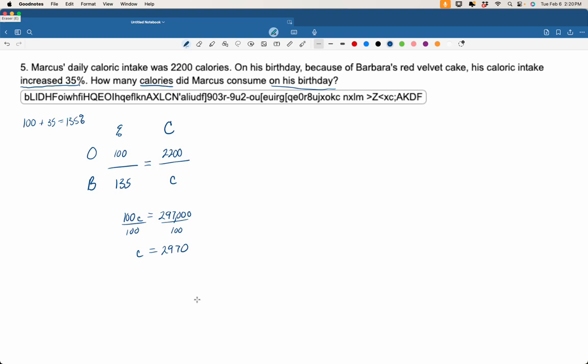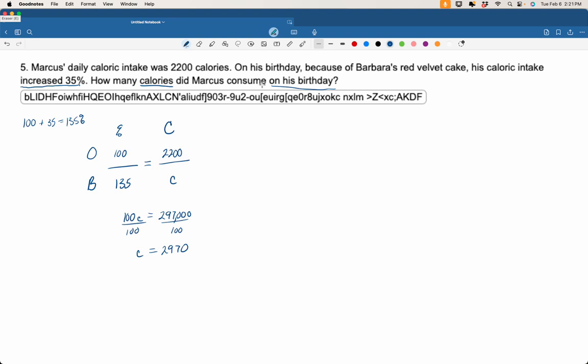So you have to read what the problem is asking you for. If it's asking you for just the amount that increased, then that's the percent you put down here. But if it's asking you for the overall, like how many calories total did he consume on his birthday, it didn't say how many more calories did he consume, then that's asking you for the total, not just the additional ones that he had.